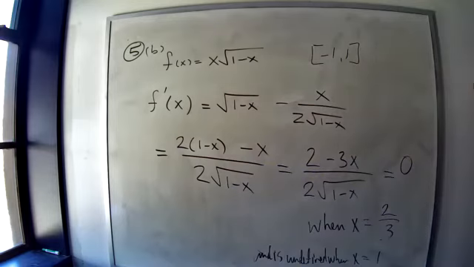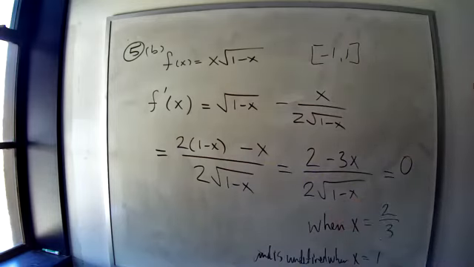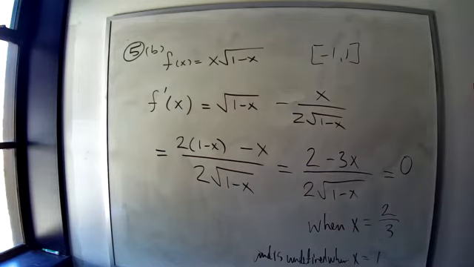And it's undefined when the bottom equals 0, which is when x equals 1. And notice 1's already part of our interval, so that's not adding more to this. Any questions so far?